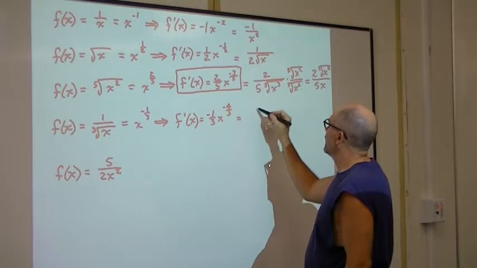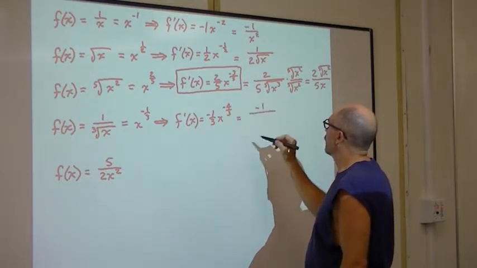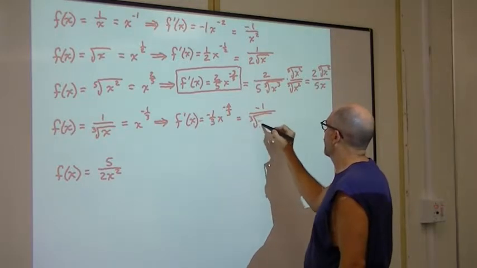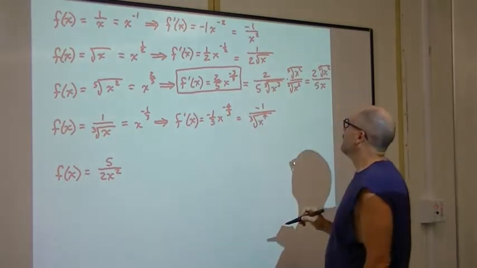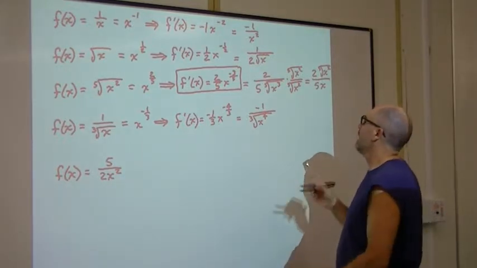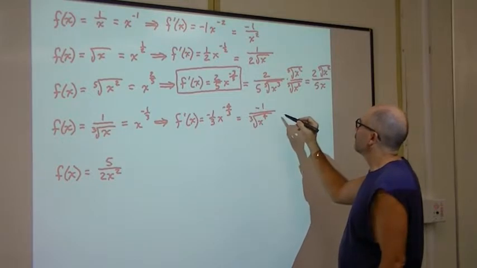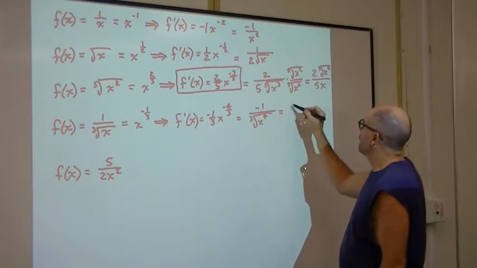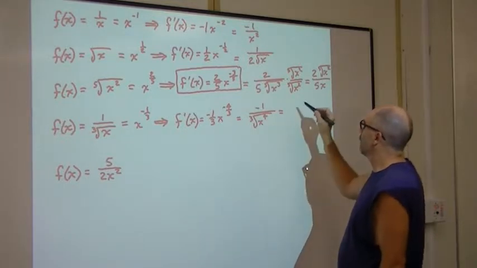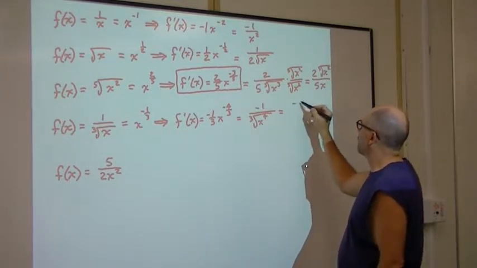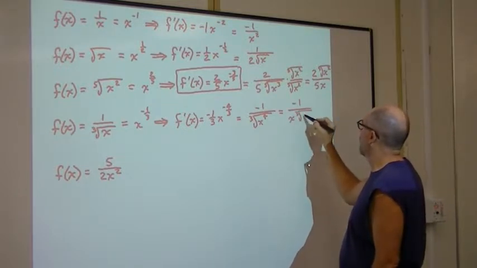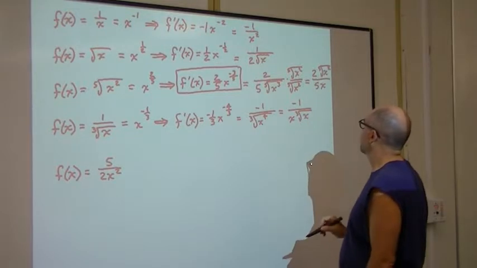So this is going to be negative 1 over the cube root of x to the 4th. And yeah, what the heck, we might as well finish it up. So we're going to make this, the x cubed can spring the pokey. So we've got an x outside, so we have negative 1 over x times cube root of x.